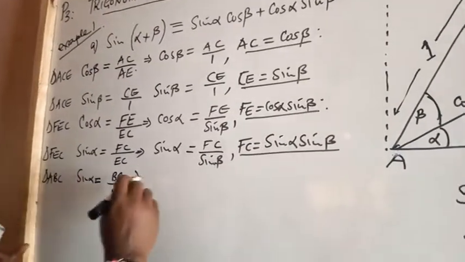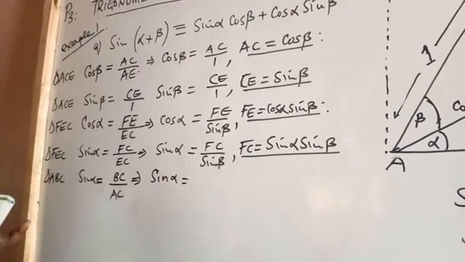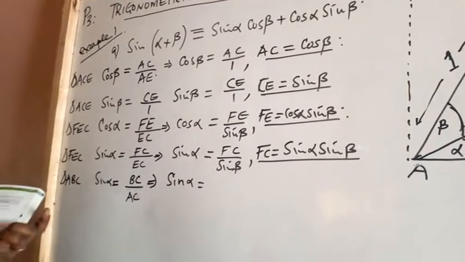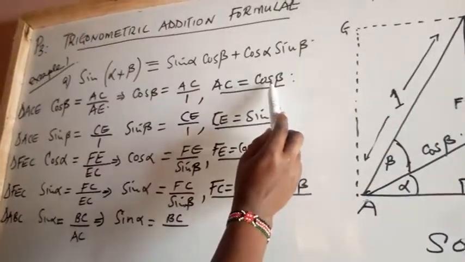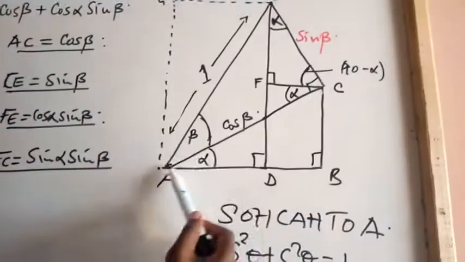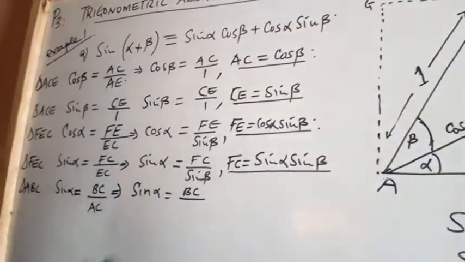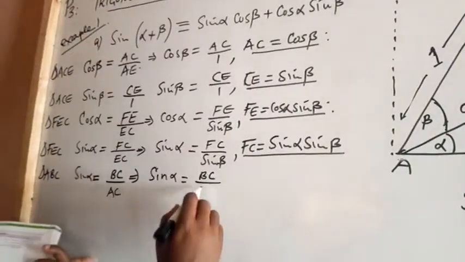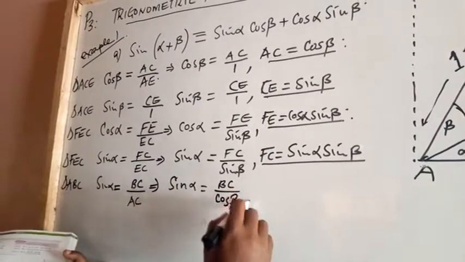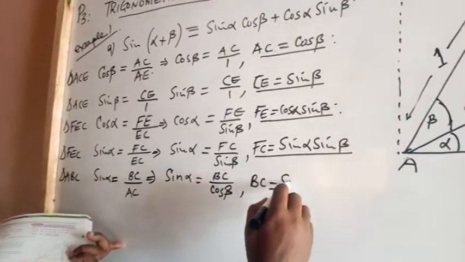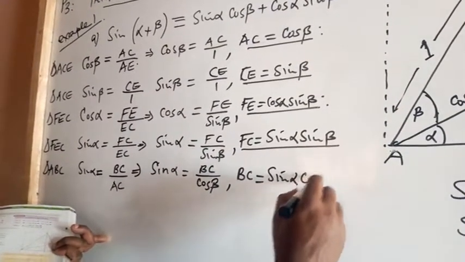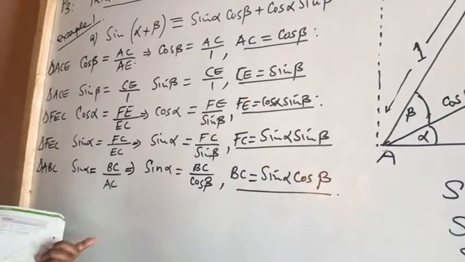AC is cosine beta. It is explained in the very first line. So if we make BC the subject of the formula, BC is equal to sine alpha cos beta. Underline that.